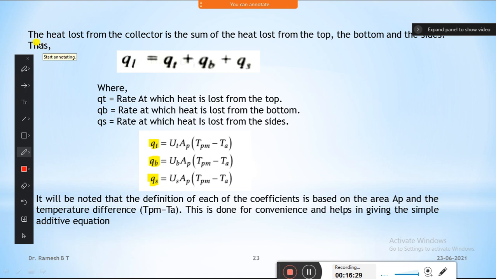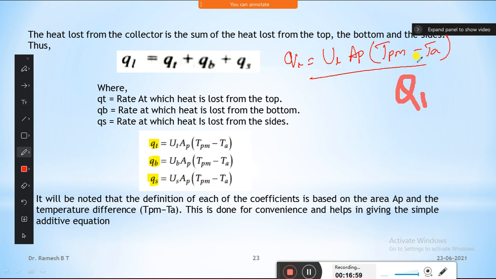What we have to find out is the UL equation. We know the heat loss equation: Q1, which we wrote as QL, is equal to UL Ap (Tpm minus Ta).